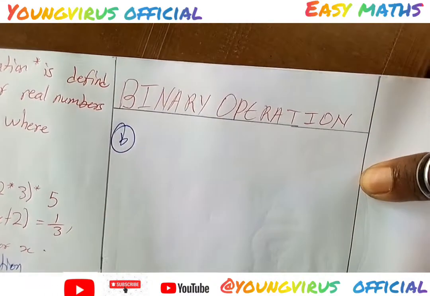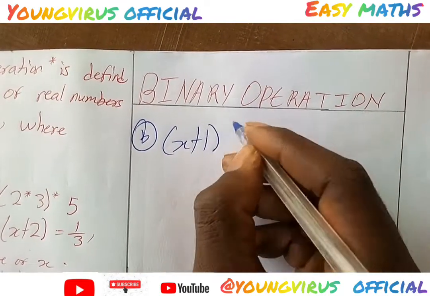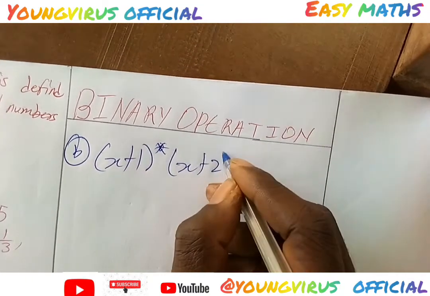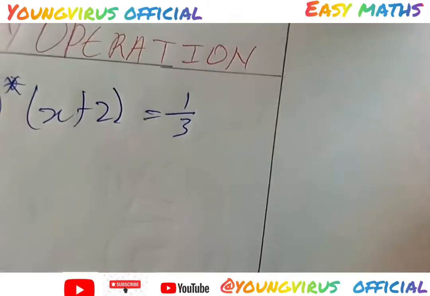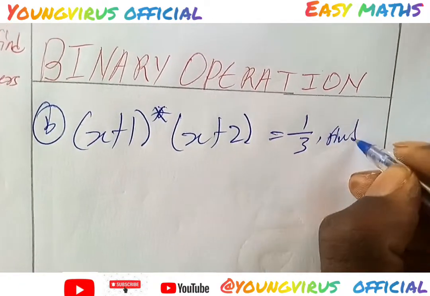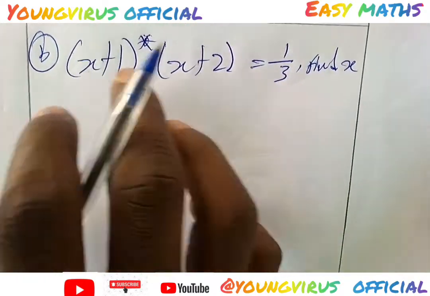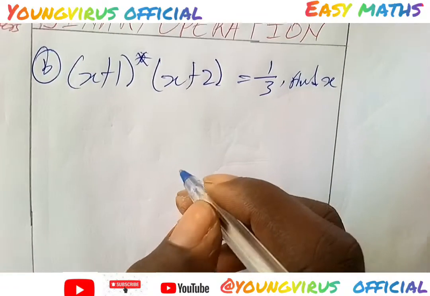Moving on to the B. The B says if (x plus 1) ∘ (x plus 2) is equal to 1 over 3, we should find x. So solving for x, we have to look at the equation.